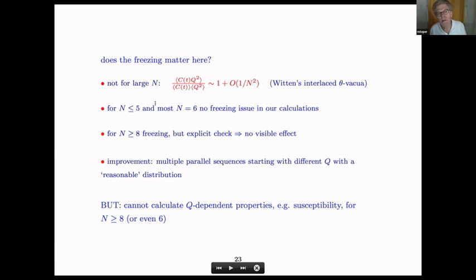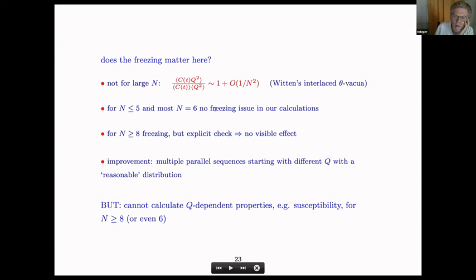So you expect that for large n you shouldn't see much effect from topological freezing, because the theta dependence becomes trivial in the neighborhood of theta equals 0. At moderate n, in our range of lattice spacings, it doesn't affect us certainly up to SU5 and most of SU6. The smallest lattice spacing is affected.